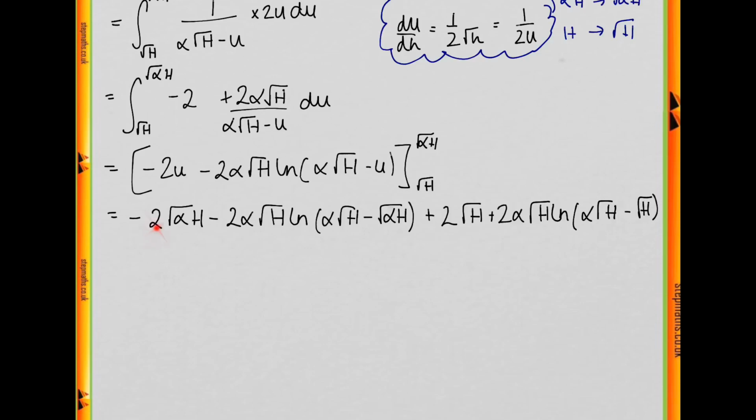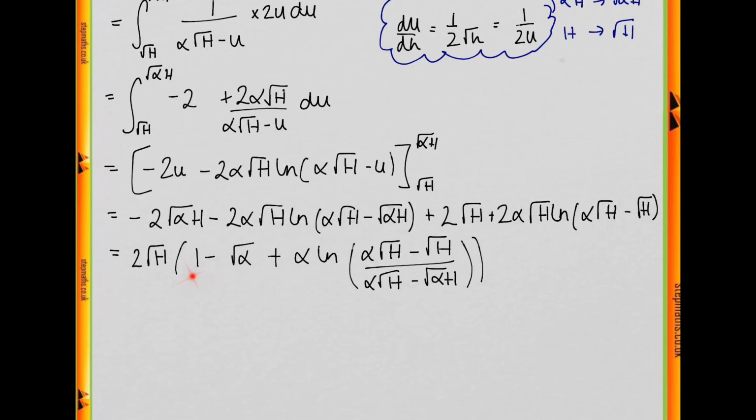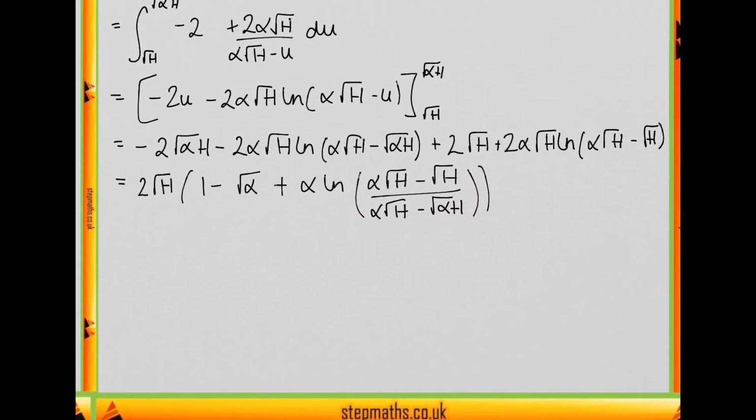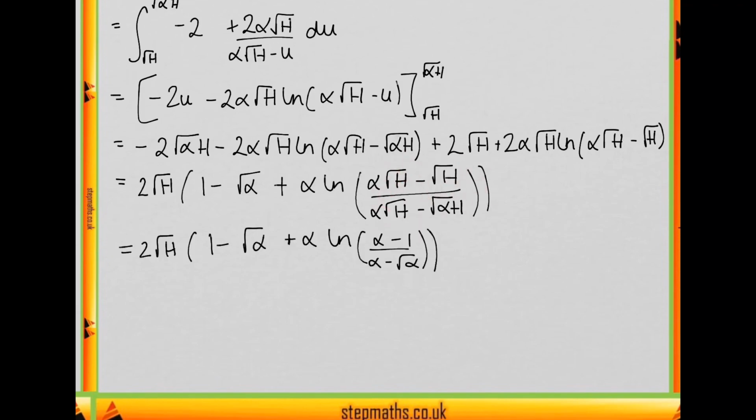Then we can take out a 2 root H out of all of these terms. Taking out 2 root H, we get 1 minus root alpha plus alpha ln of alpha root H minus root H over alpha root H minus alpha root alpha H. Here again we can take out a root H. So we get 2 root H times 1 minus root alpha plus alpha ln of alpha minus 1 over alpha minus root alpha.